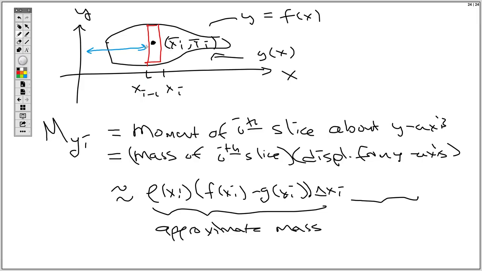So to find the displacement from the y-axis, it's the displacement of the center of mass to the y-axis, which is x sub i bar. So this is the displacement of the center of mass of that rectangle.